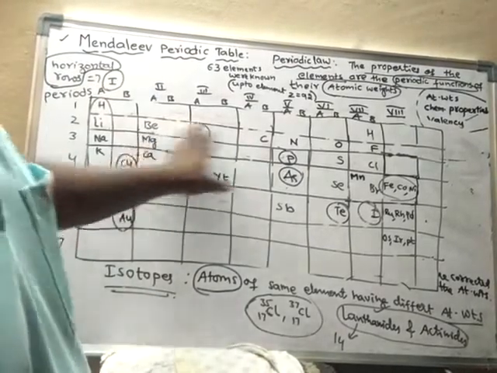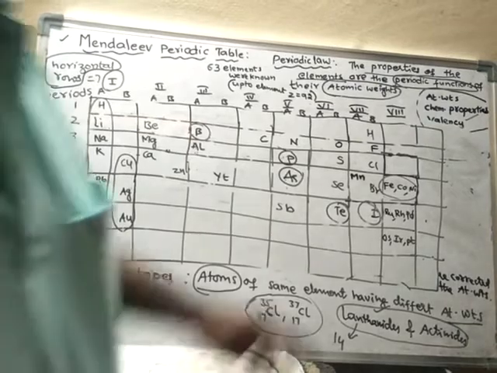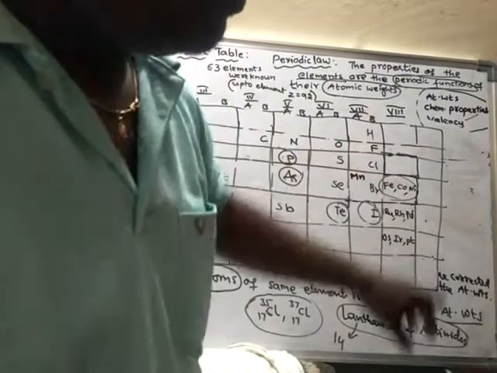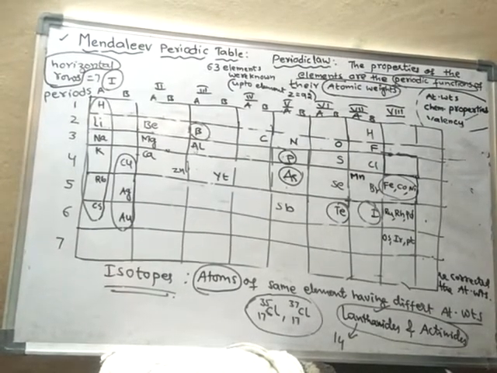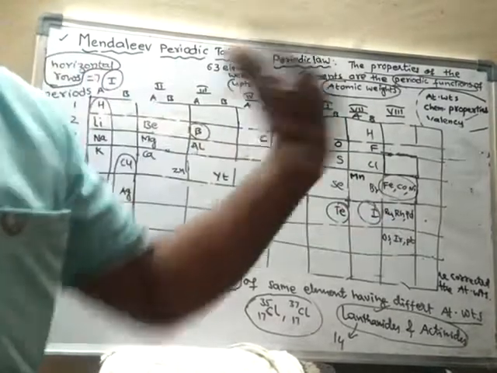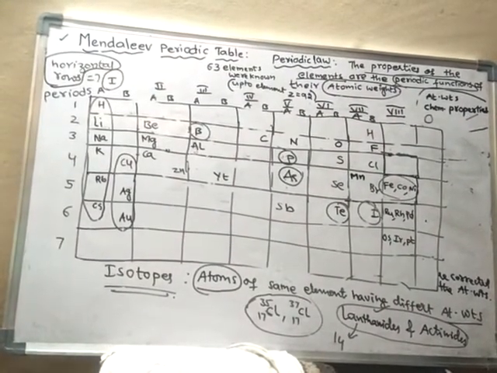The original periodic table was modified and included the inert gases also. In the original periodic table, those inert gases are not there. He gave 0 numbering to the inert gases group.